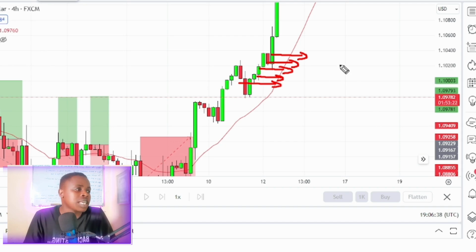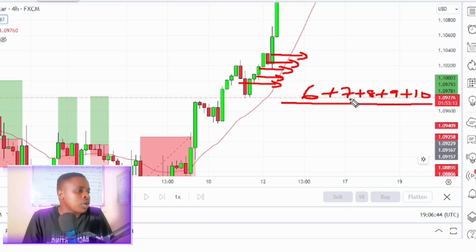So let's say the closing prices were 6 plus 7 plus 8 plus 9 plus 10, and then we calculate the sum and we divide it by 5, and then we plot a graph for the moving average, right?